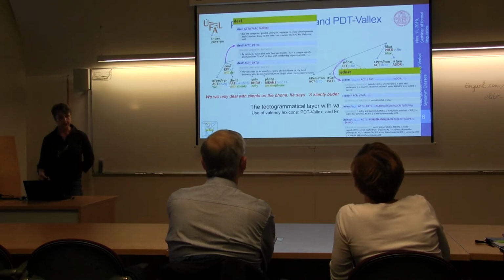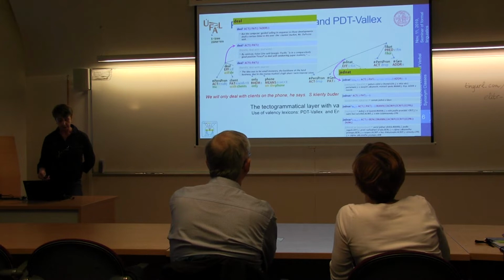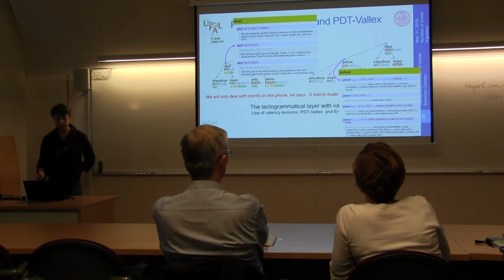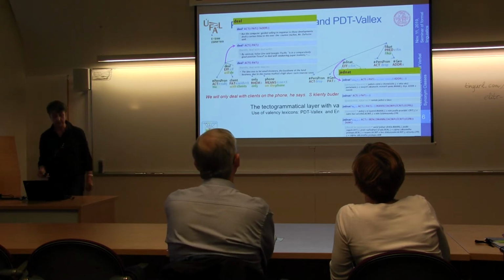So for the English verb deal, we choose the right valency frame from the EngValex lexicon, and for the Czech translational counterpart, the verb jednat, we use the appropriate valency frame from the Czech valency lexicon.